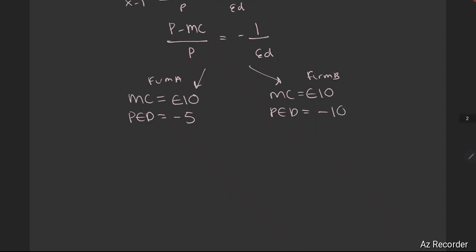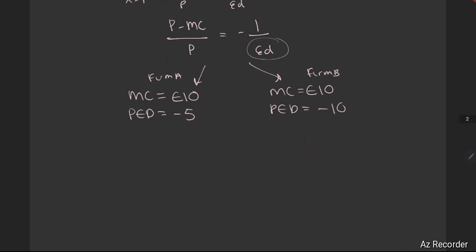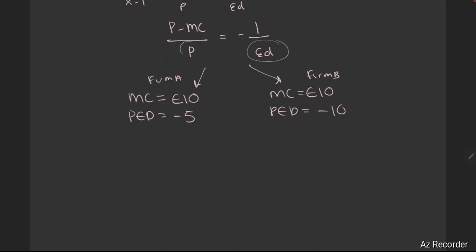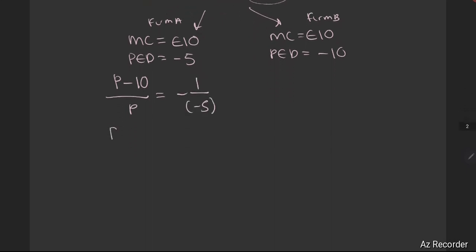Then if we work out the price that the firm charges from these numbers, we can show numerically that the markup is higher for the more demand inelastic firm. So price minus 10 over price is equal to minus 1 over minus 5. So that's P minus 10 over P is equal to 1 over 5, or 0.2.